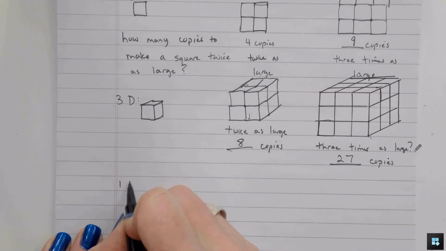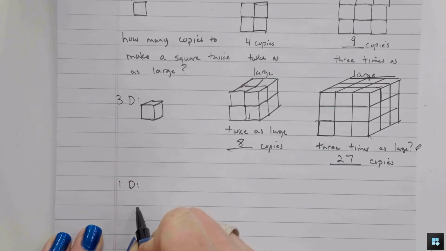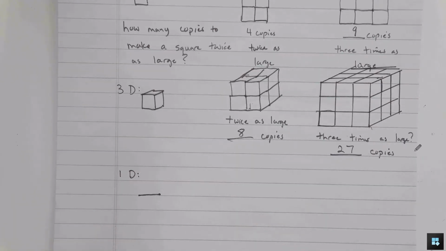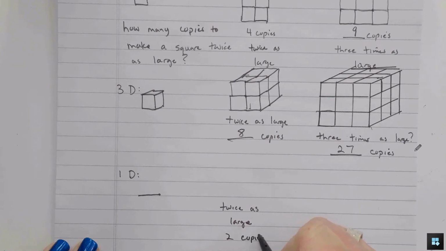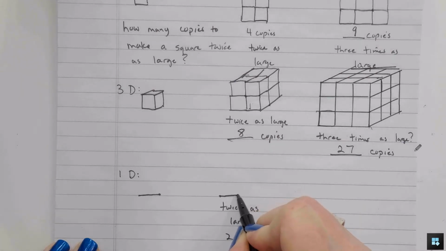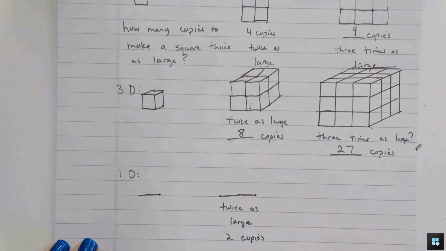That should be easier. So we just start with a line segment. Make a line segment twice as large. You just need 2 copies. That's pretty easy to see. So less than in either of the other 2 dimensions.